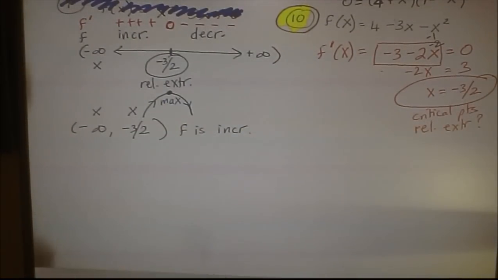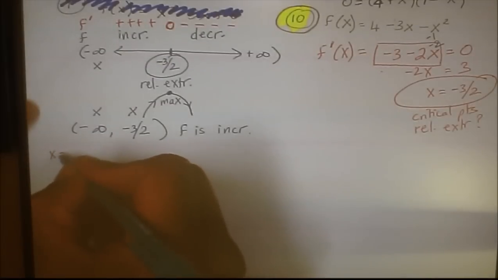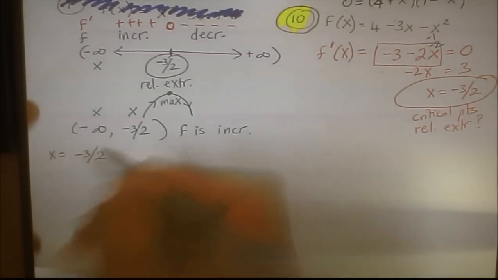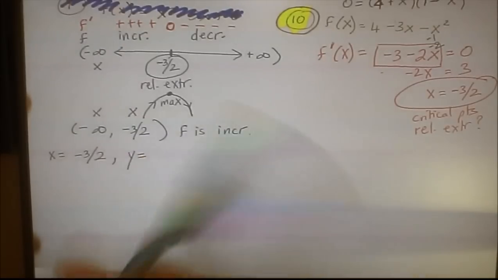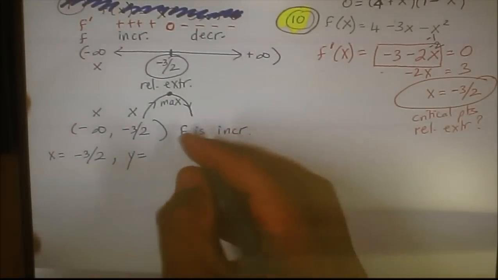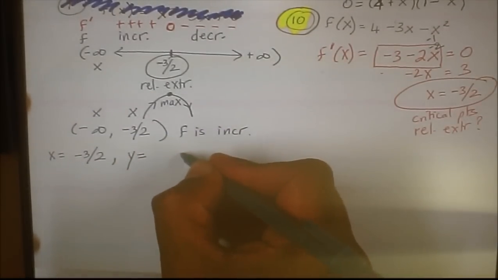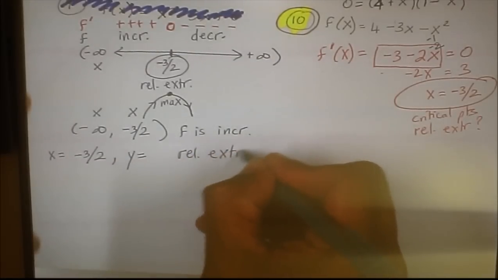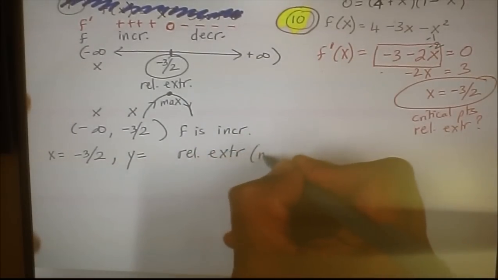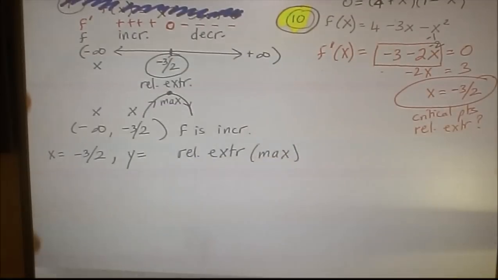And then, at x equals negative 3 over 2, comma, y equals, I still need to figure that out, I know that I have a relative extrema, more specifically, a relative maximum.